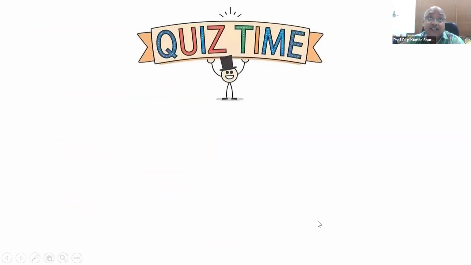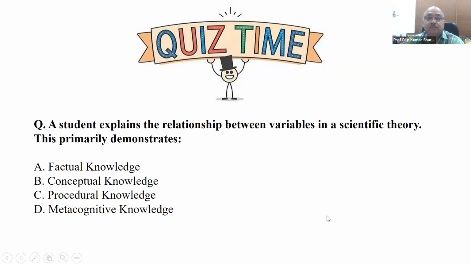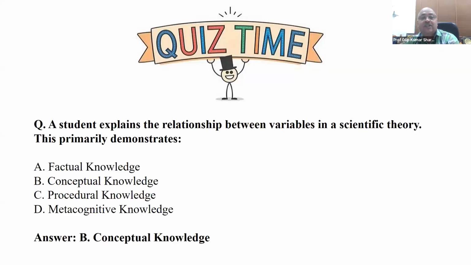And you should always be able to understand why this course outcome is mapped with this program outcome, and with this Bloom's taxonomy level or knowledge level. Oh, sorry. So students explain the relation between variables in scientific theories. That is conceptual knowledge.